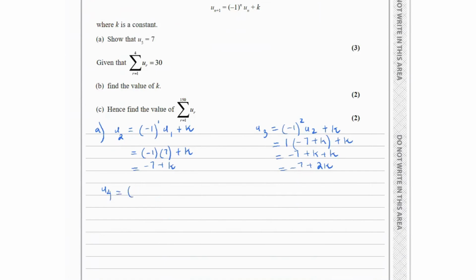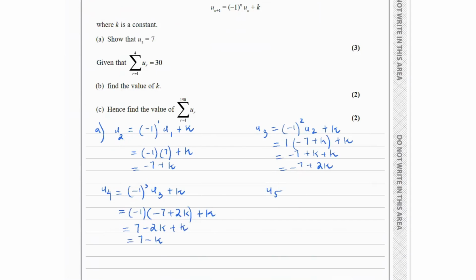u4 is going to be negative 1 to the power of 3 times u3 plus k. So that's negative 1 times negative 7 plus 2k plus k. That's positive 7 minus 2k plus k, which is 7 minus k.